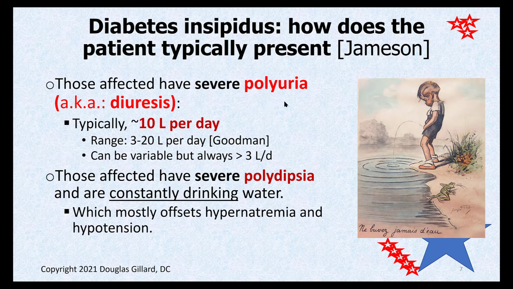And again, that's called polyuria. Some authors call that diuresis. It's the same thing as urinating all the time. Polyuria, diuresis. And so those affected also have polydipsia, as we said already. They have an urge to constantly drink water. And as we said before, that water can offset the deadly hypernatremia and fix the hypotension as well.